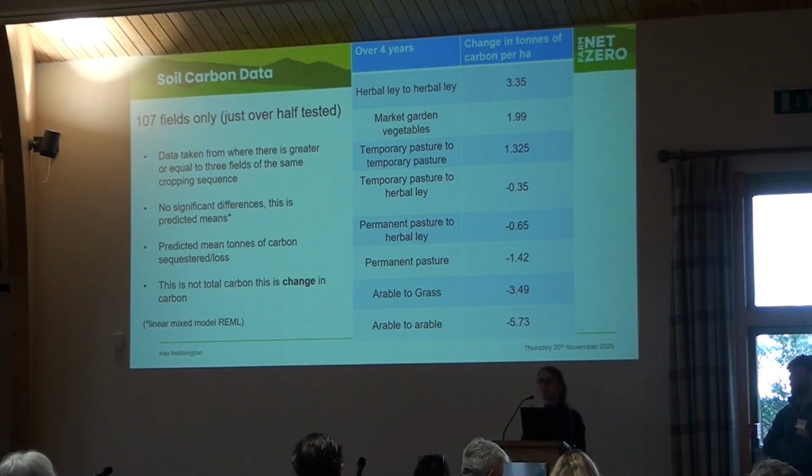We always talk about increase in carbon under herbal leys, and we can model it on the farm climate calculator, but the models that we use are an annual average based on referee papers. The important thing here is this is data for Cornwall, for your soil type.